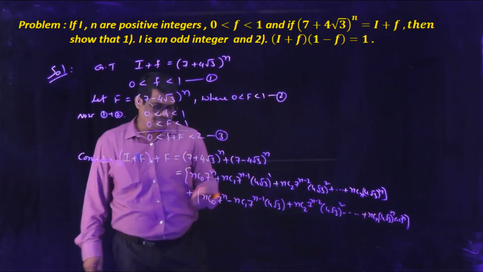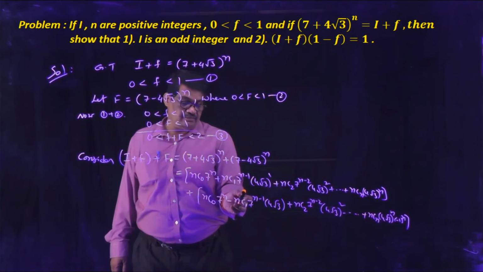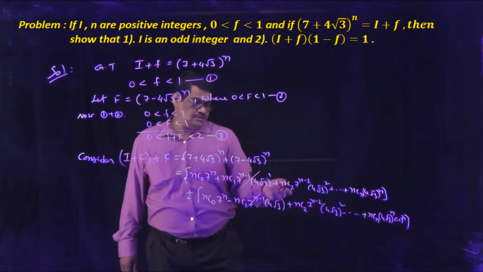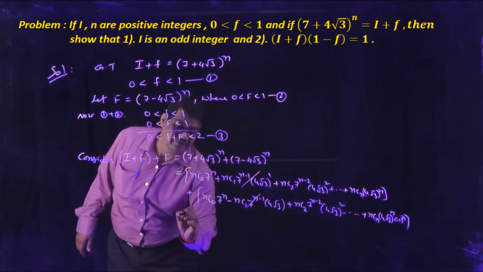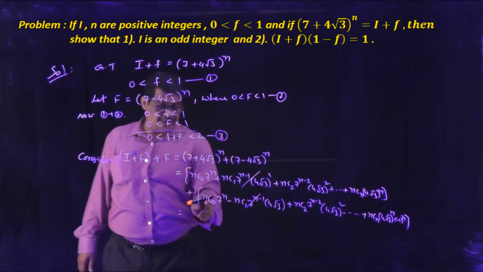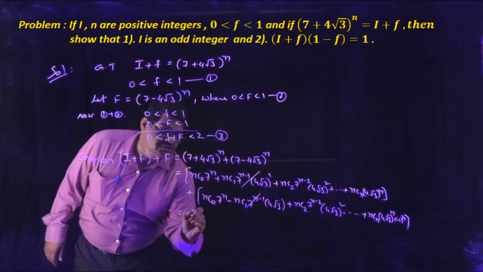Now we cancel the terms: the nC1 terms, C1 and C3 and so on. The remaining terms are nC0 7^n and nC0 7^n. Each term is doubled, so 2 is common.